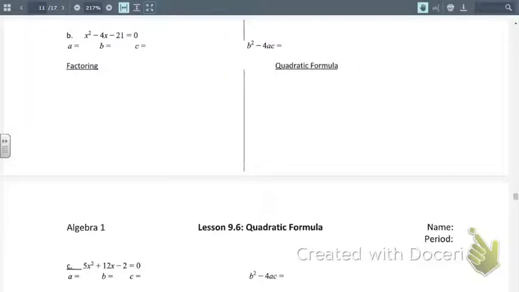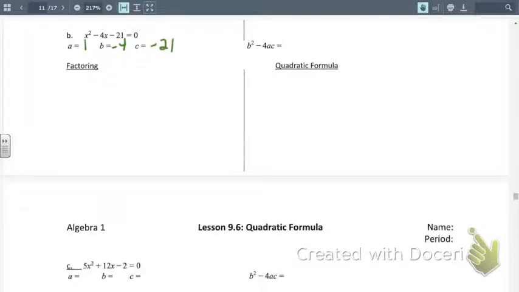For letter B, we have x squared minus 4x minus 21. Again, we're going to do the same thing, see if we can solve this by factoring and using the quadratic formula. Let's write down our a, b, and c first. So your a is 1, your b is negative 4, and your c is negative 21.